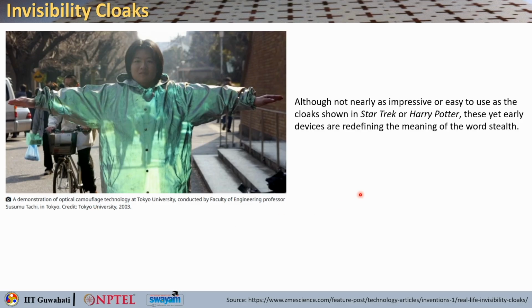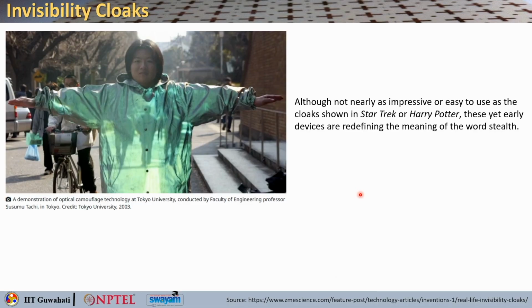So, an invisibility cloak has always been a dream, okay, for a lot of people to achieve. This idea of invisibility has long fascinated human imagination, right. It seemed confined only to science fiction and movies. However, the recent advancement in optical technology has brought us much closer to our very own real life invisibility cloak.